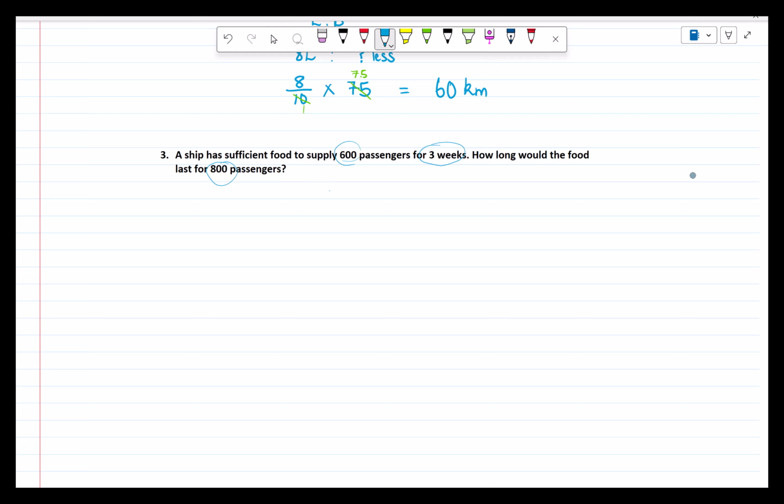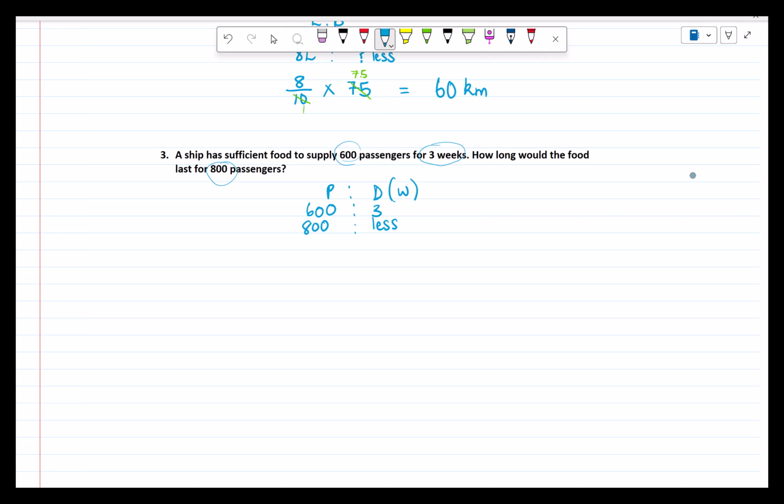So we have our ratio of passengers to weeks, and we have 600 passengers, and they would take 3 weeks to finish their food. And then we increased the number of passengers. Since we've increased the number of passengers, we've already established that it is going to take them less amount of weeks to finish the food.